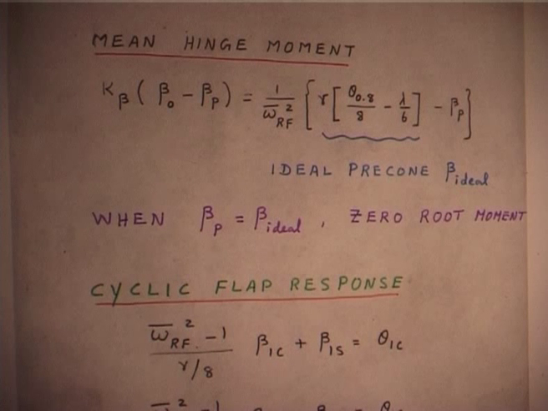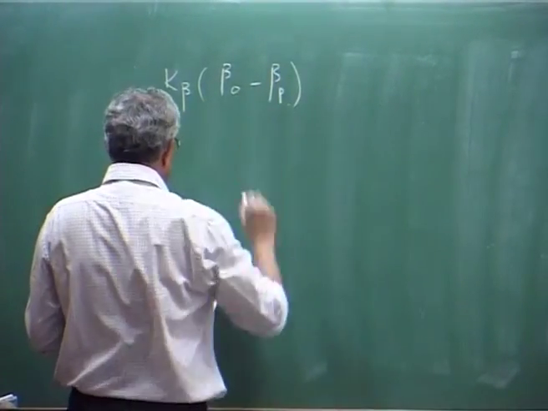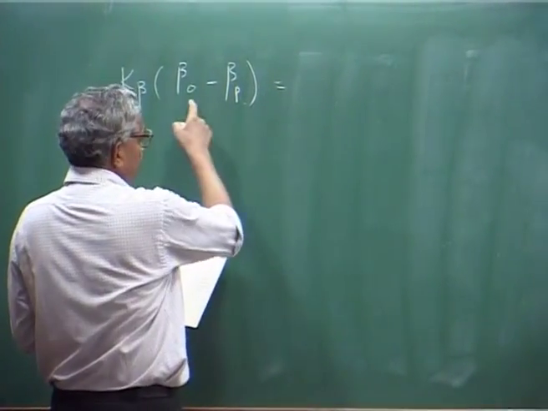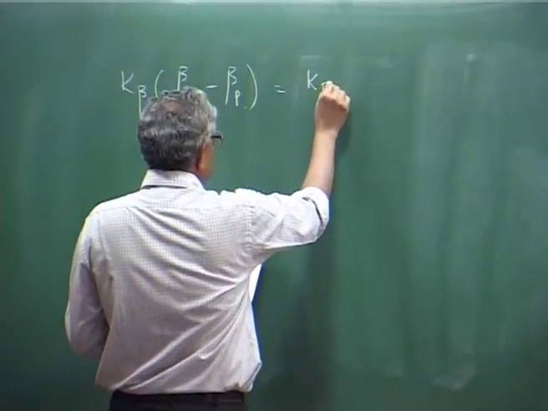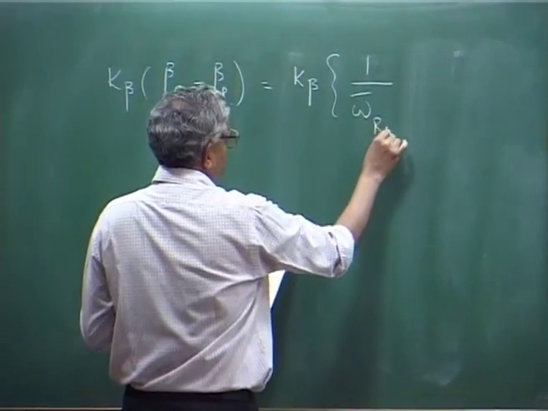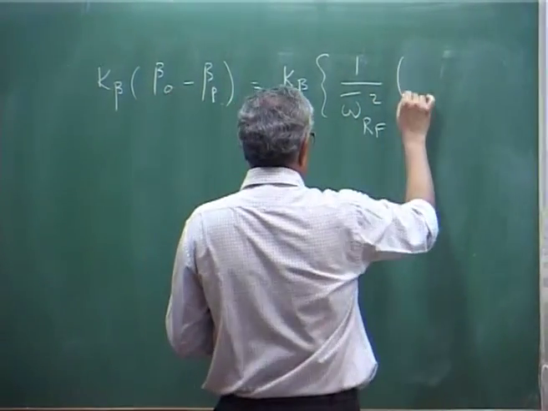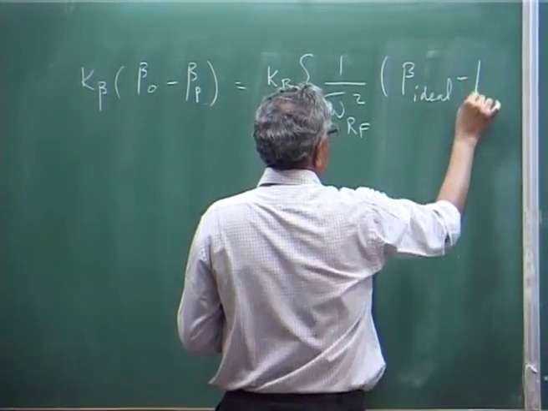Because if you remember last class, because I am just going back, we wrote k beta into, we substituted for beta naught and we got this equation, 1 by, because this we wrote last time, beta ideal minus beta p.